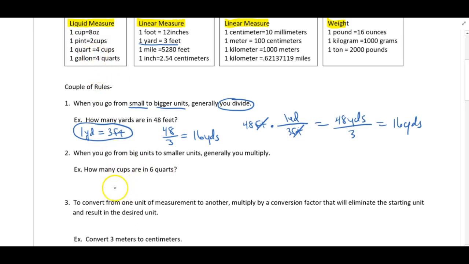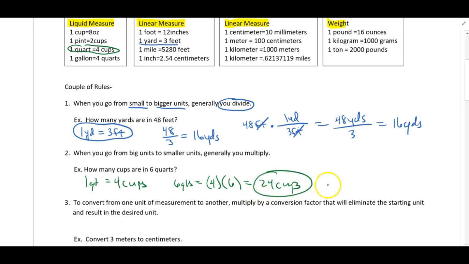Well, we know 1 quart is equal to 4 cups. So if I go to do this real easily, that would mean 6 quarts is equal to 4 cups in each quart times 6 quarts, which would give me 24 cups. Okay, that's one way to do it.